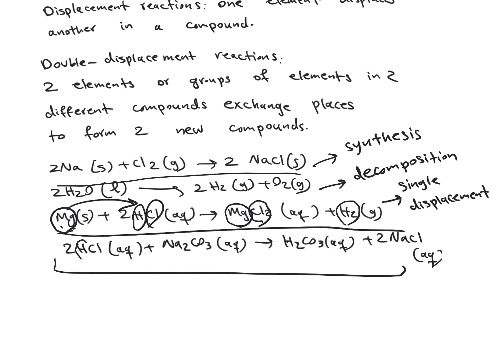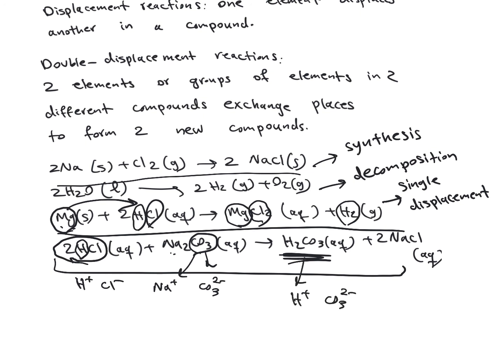Exactly, because you see this H substituted this Na, so you'll have a substance that has H and CO3. And again, writing acids. Remember, hydrogen, when it decomposes in water, or what I mean is that if this salt dissolves in water, you'll have H plus and Cl minus. And for this one, you'll have Na plus and CO3 2 minus. Do you remember writing the complete ionic equation? That is basically what I asked you during last homework. And then here you'll have H plus and CO3 2 minus, here Na plus and Cl minus.